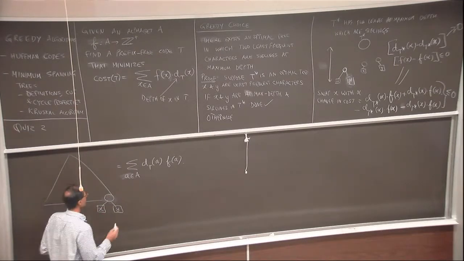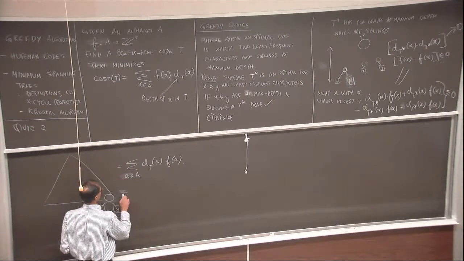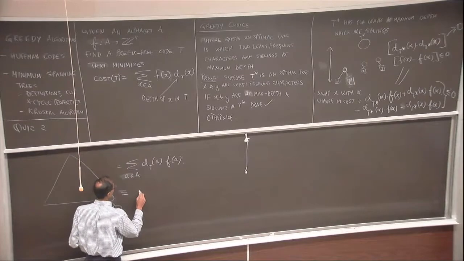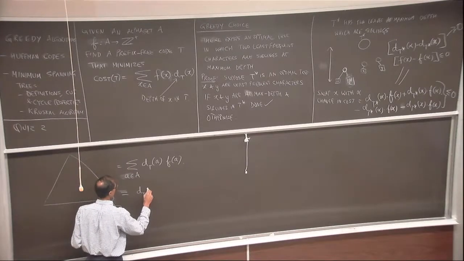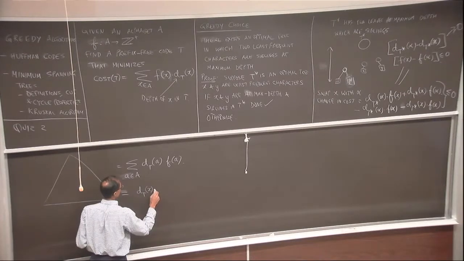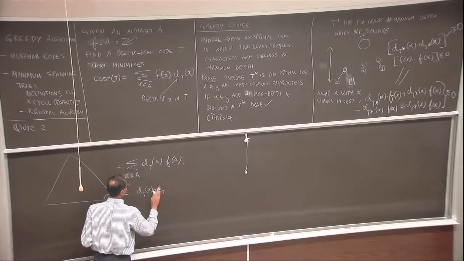So let me separate out x and y. So they would all have dT of x, which is the same as dT of y.